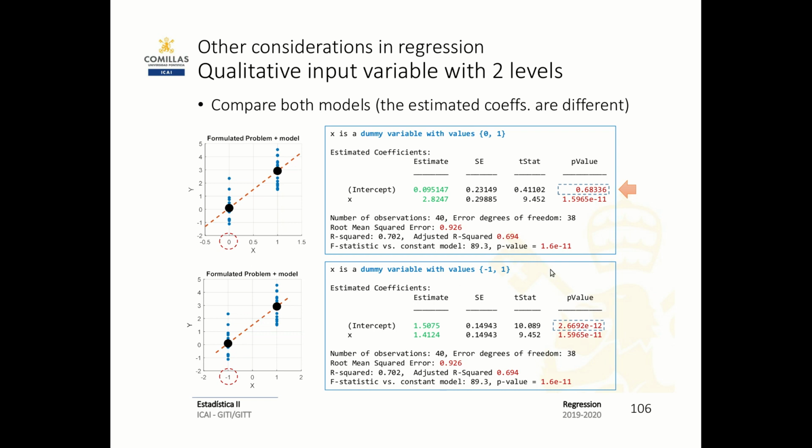And when we use the -1, 1 encoding, then now the intercept becomes significant and beta 1 is divided by 2. So the quality of the model is exactly the same. So it is only a matter of how to interpret the coefficients coming out from the regression, but otherwise the encoding of 0, 1 or -1, 1 are totally equivalent.